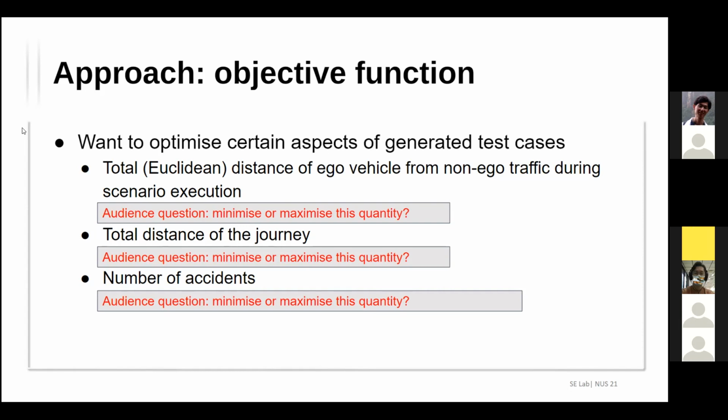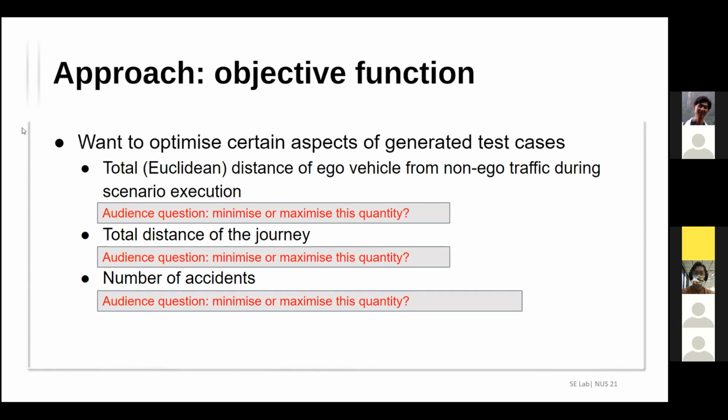Yeah, so maybe I can rephrase the question. Basically, what we want to test is the autonomous driving system. So the car is equipped with an autonomous driving system. It's driving on the road, but of course, it's not a real road. It's driving in simulated scenarios. So how do we change the scenarios to make the autonomous system have accidents, right?